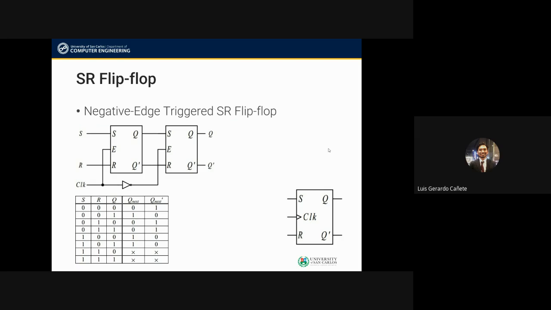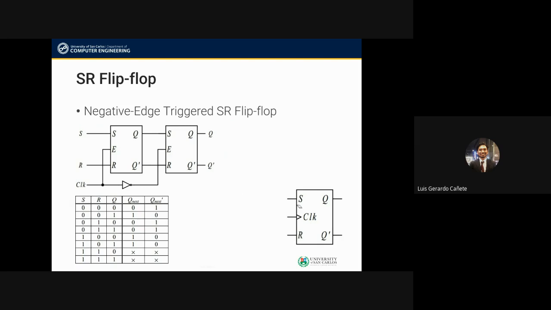And we implement a set-reset flip-flop pretty much the same way that we would implement a D flip-flop, right, with master-slave flip-flops. So once again, we have the master-slave here, but now we are using SR flip-flops instead.